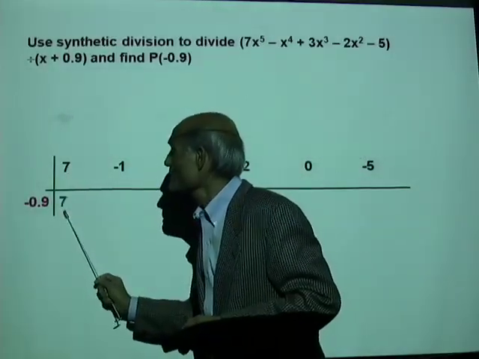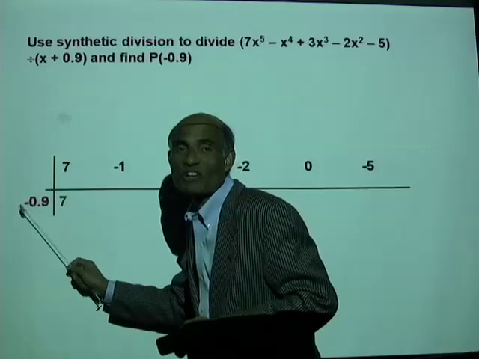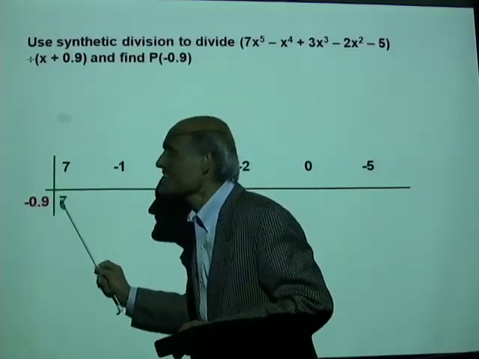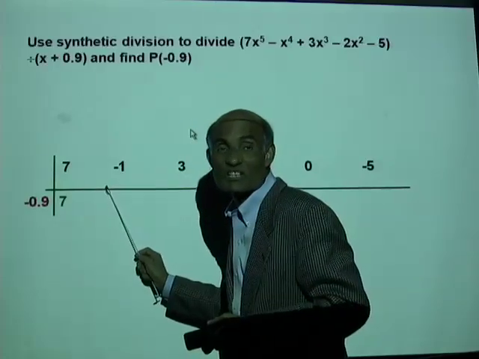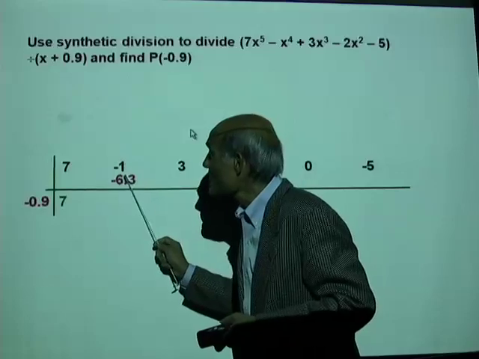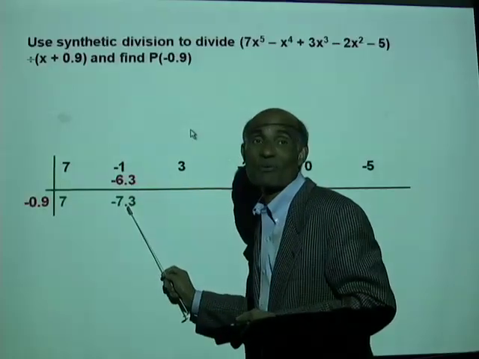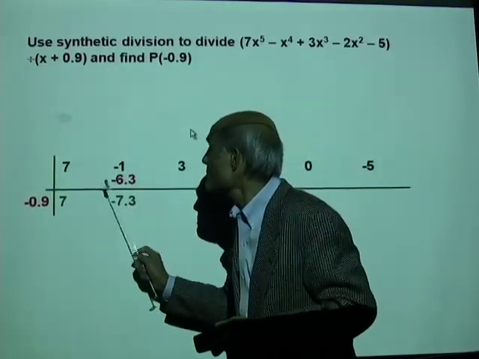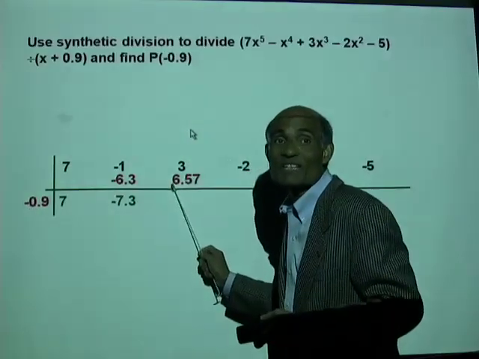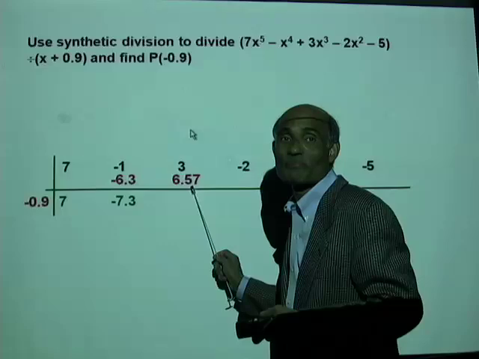Bring down the 7. Keep your calculator and do these calculations with me. 7 multiplied by negative 0.9 is negative 6.3. Is that right? Yes. Added to negative 1, negative 7.3. Negative 7.3 multiplied by negative 0.9 is 6.57.